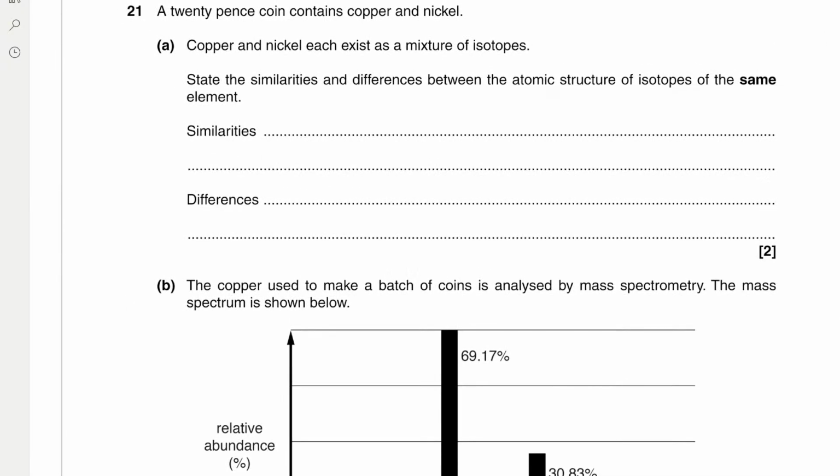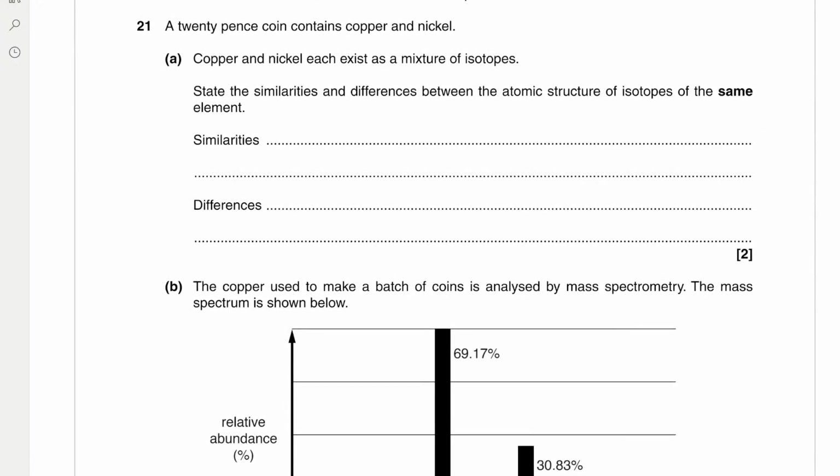21A. A 20p coin contains copper and nickel. Copper and nickel each exist as a mixture of isotopes. State the similarities and differences between the atomic structures of isotopes of the same element. So, isotopes have the same number of protons and electrons as each other.